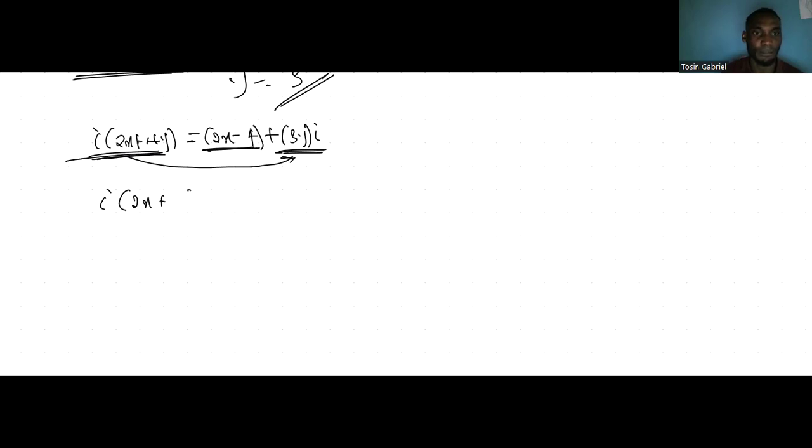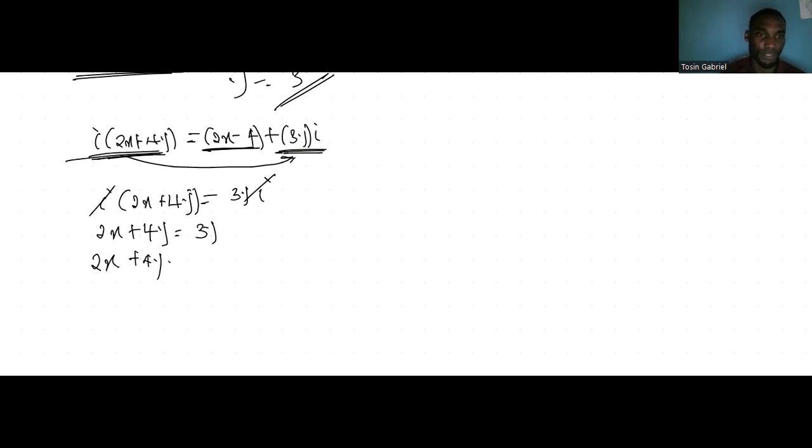So 4y, which is going to be 3y. We cancel this i. So we are going to have 2x plus 4y equals 3y. Wow, a simultaneous equation. Then we just collect the like terms. So we arrange 2x plus 4y minus 3y, which will now be equal to 0.